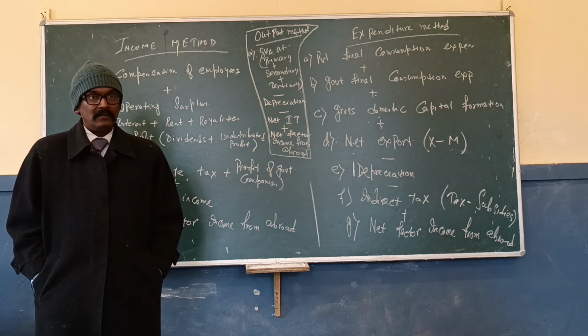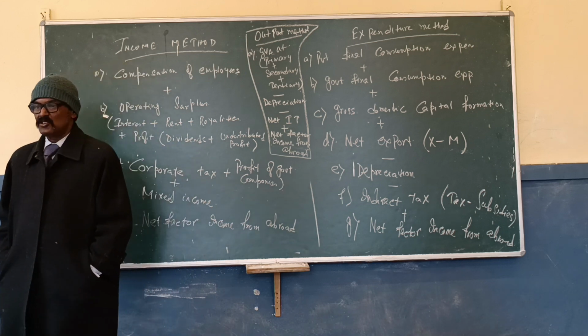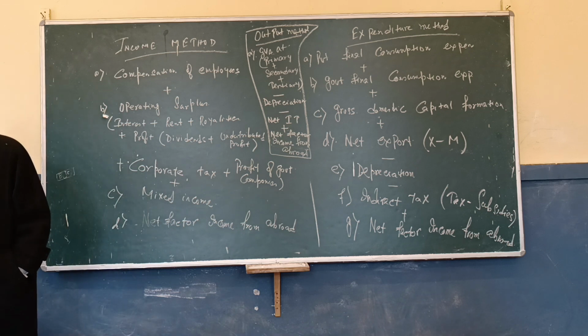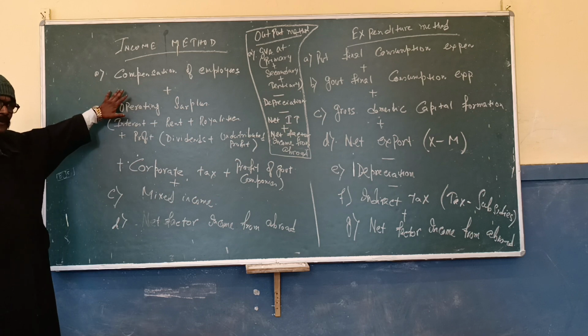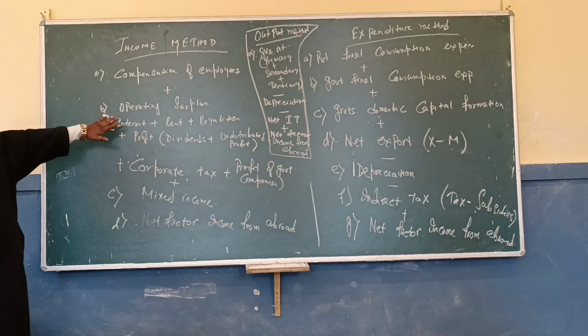Supplementary wages and salary and payment in kind. Dearness allowance, bonus, house rent allowance, social security, all these things come under the compensation of the employee. But generally, the question gives compensation of the employee directly, not in details. So the first one is compensation of the employee.